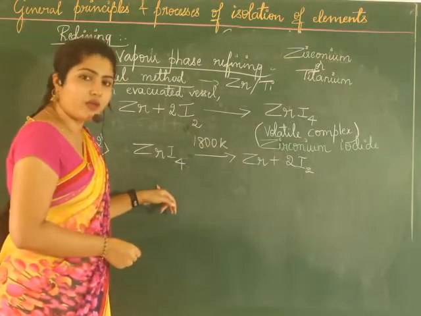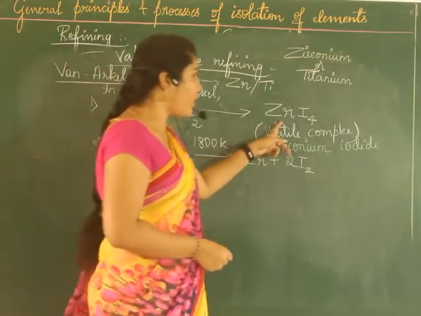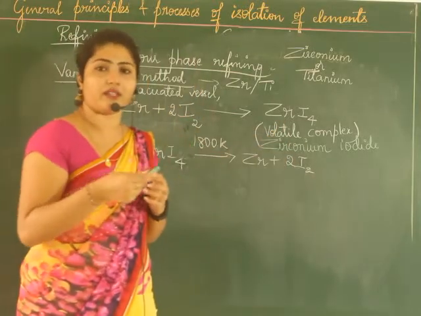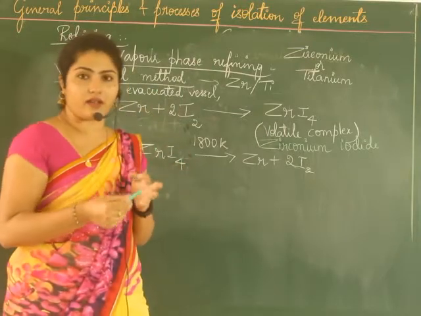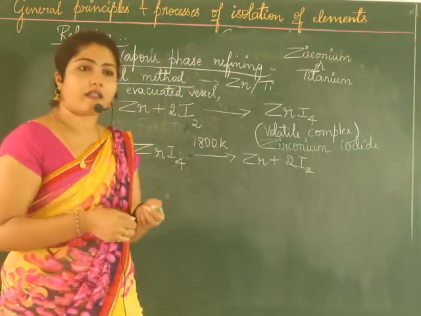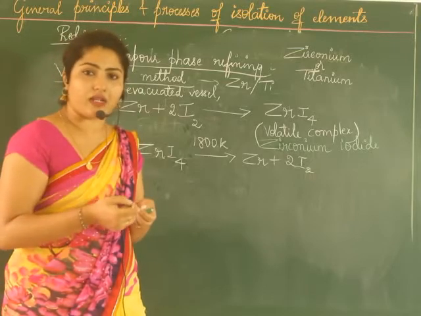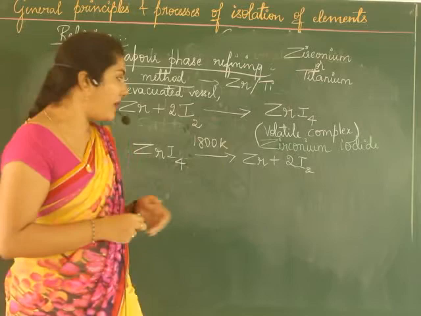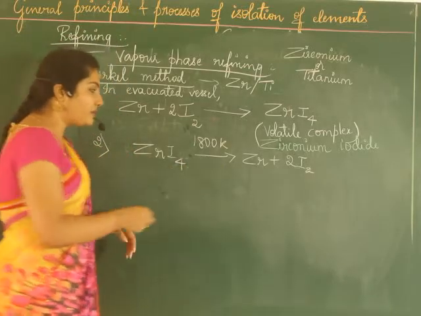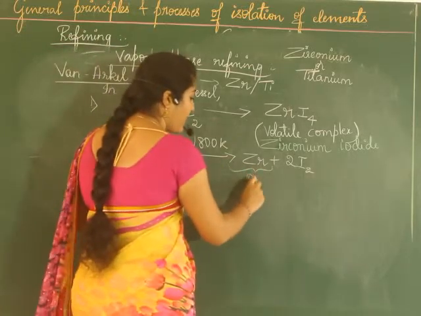Especially why we go for vapor phase refining is that if oxygen or nitrogen are present as impurities, they can be evaporated, they can be liberated. So what you get will be in the pure form.